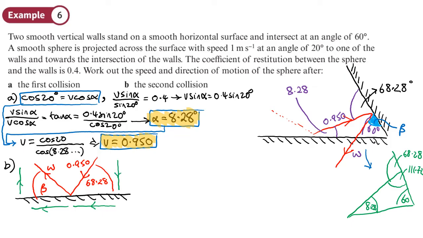So I'm actually going to write them on before I write the equations. So 0.95 cos 68.28. Here 0.95 sine 68.28, and then W cos beta and W sine beta.